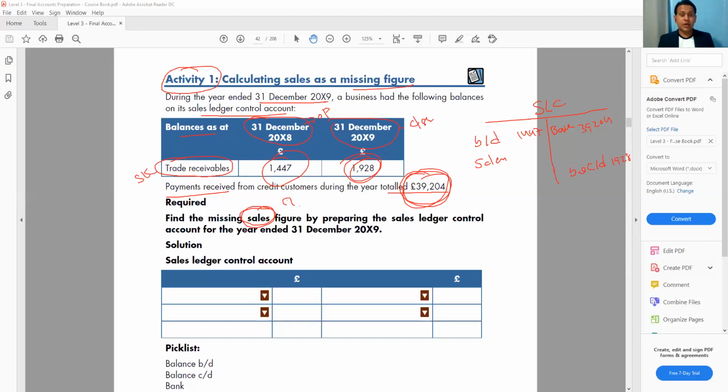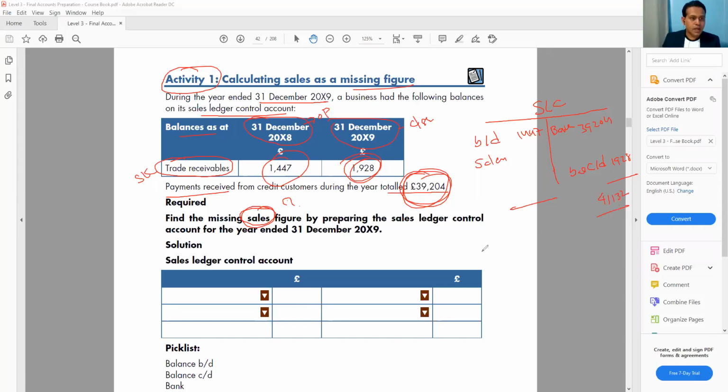This is called incomplete records. The records are not complete, so let's find the complete records. All you need to do is add these. So if we add this, how much will be the total? So we have 39,204 plus 1928. That gives us 41,132.